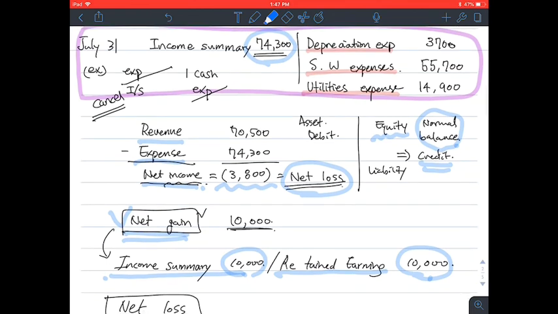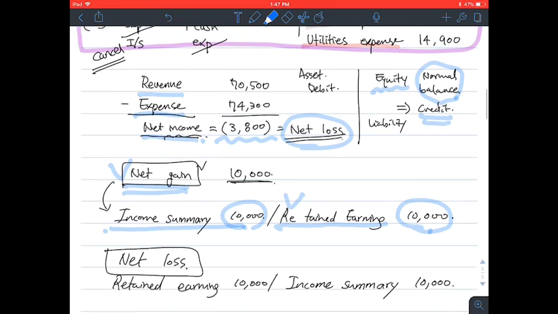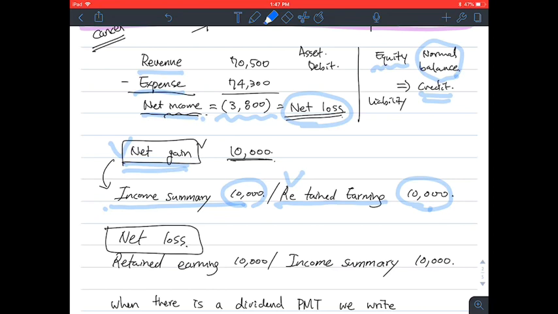Okay, so if there is a net gain, we credit retained earnings, and we put income summary on the debit side. On the other hand, if there is a net loss, we want to have retained earnings on the debit side, so that retained earnings is reduced, and we want to have income summary on the credit side.